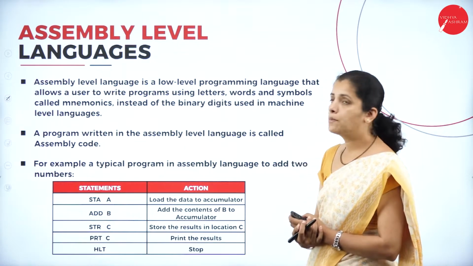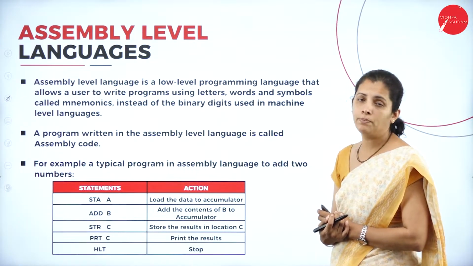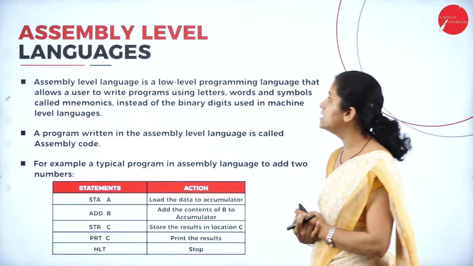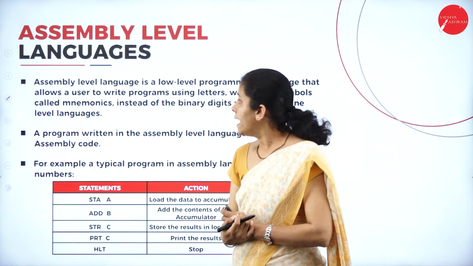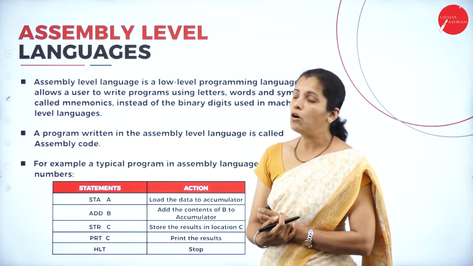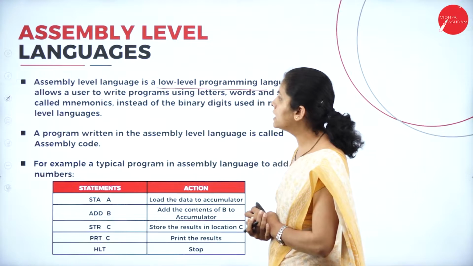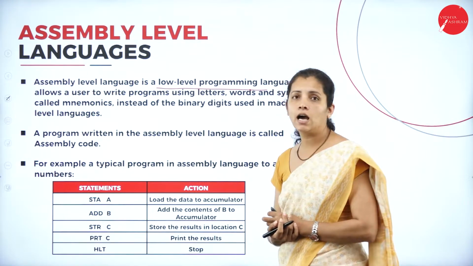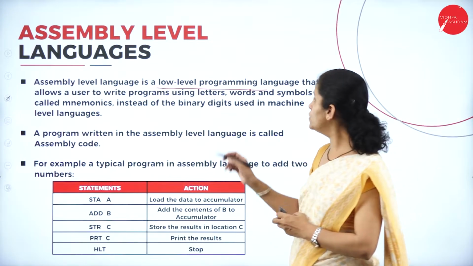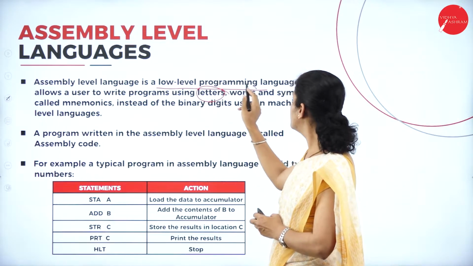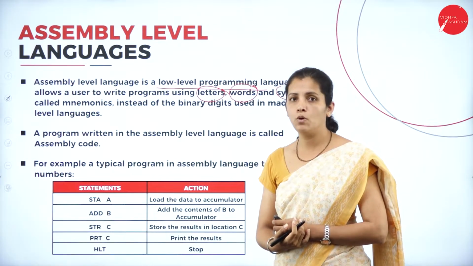Moving further, I'm going to have my next type of low-level programming language, that is assembly level language. Assembly level language is also an example of low-level programming language, and it allows the user to write the program by using letters, words and symbols, called mnemonics.